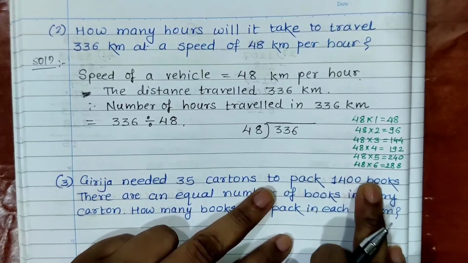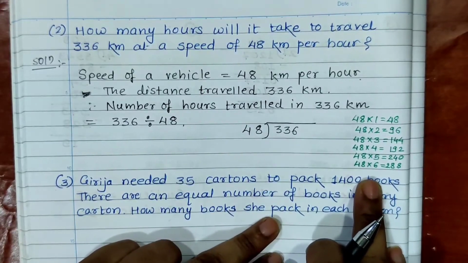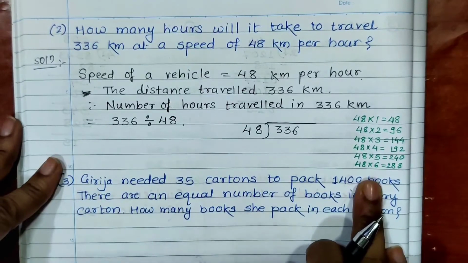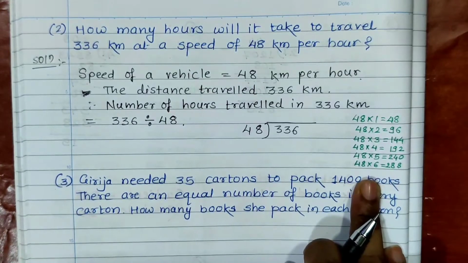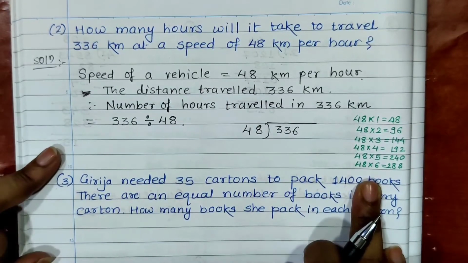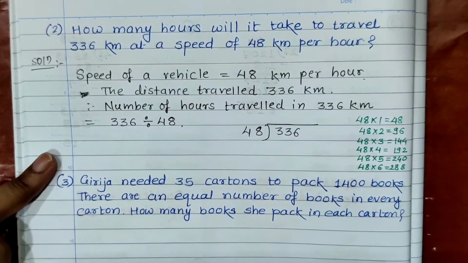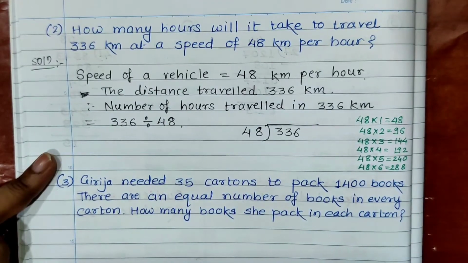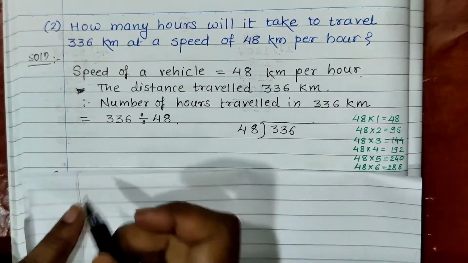And now I don't have the space to write, so I will be writing somewhere on my other page also. Or otherwise I can write here also. I will be using another page. So this is my rough page.